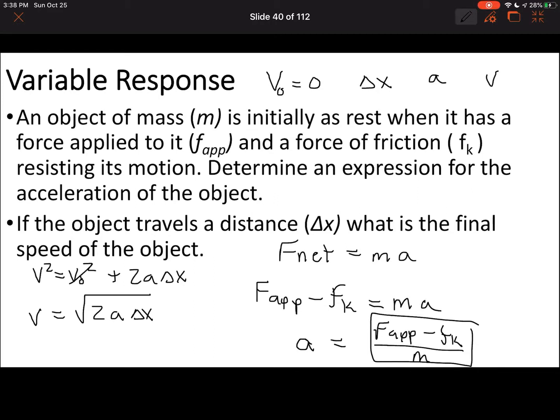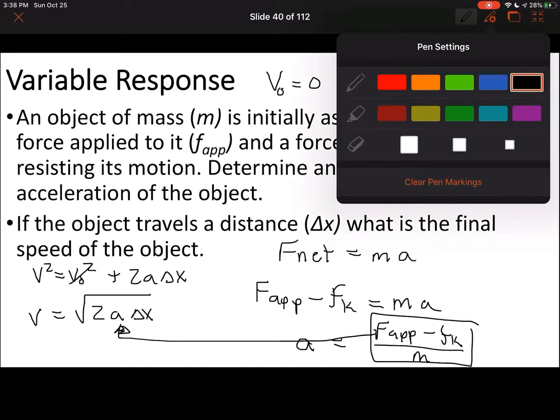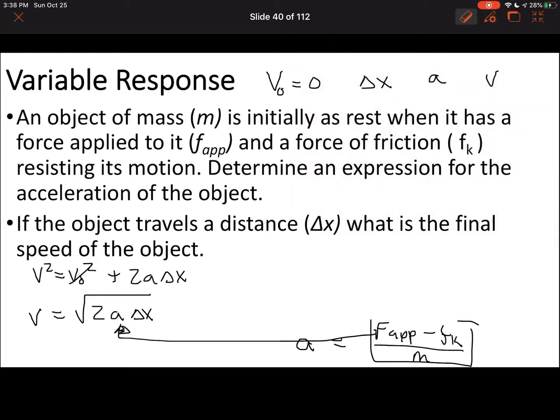Now, I want this in terms of the variables that were given, though. I'm not off the get-go given a. What I'm given is F applied, Fk, and m. So all I have to do now is substitute in what a is. And so let's rewrite this over here. I'm going to get rid of this, and I'm going to remember a is F applied minus Fk over m.